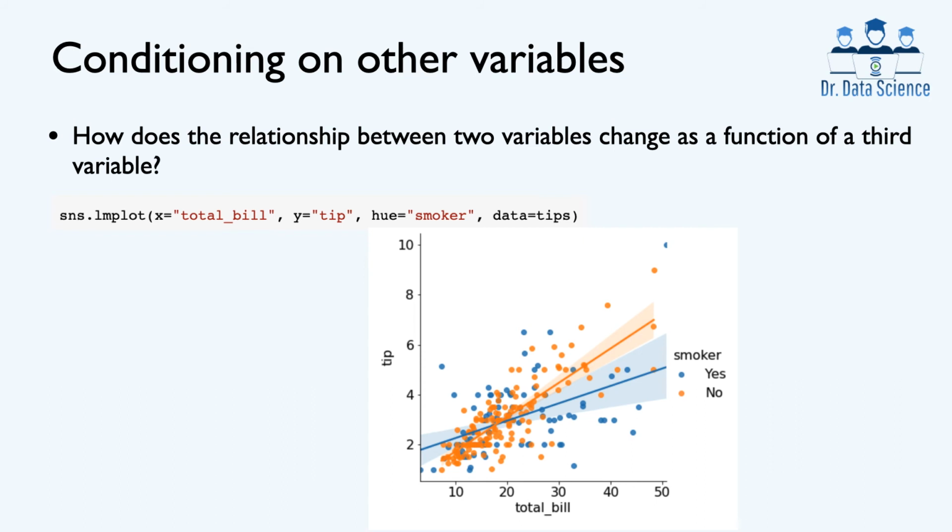So here we can use sns.lmplot again, and we give the independent and dependent variables, and now we use another input parameter called hue, which means that we are conditioning on this column of the data frame. This column has only two values, either yes or no, so it's a binary case, and this will create such a nice figure for us that shows the correlation between tip and total amount of bill for people who are smokers and not smokers.